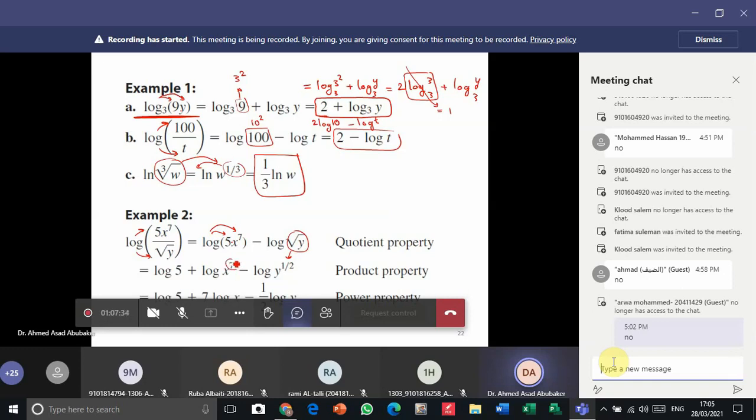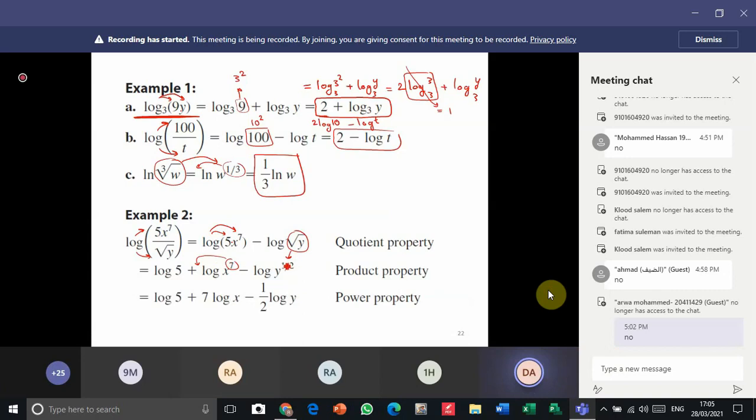Now we can put the 7 multiplied by log x and half multiplied by log y. So we have log 5 plus 7 log x minus half log y. This is for simplifying. Simplify means putting x, y, z, w with power 1. Okay.